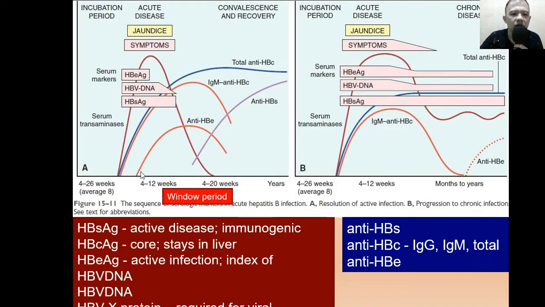Then you also have the antibodies, namely the antibody to the core, the total and the IgM, and the antibody to the HBe, as well as the antibody to the HBs. So it's a battle between the antigen and the antibody.